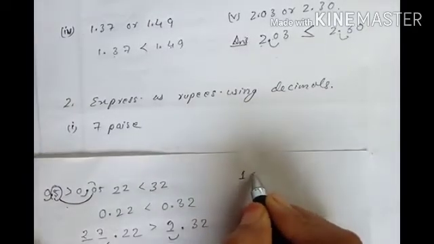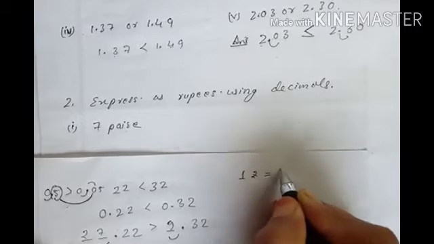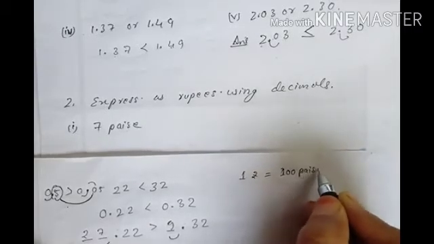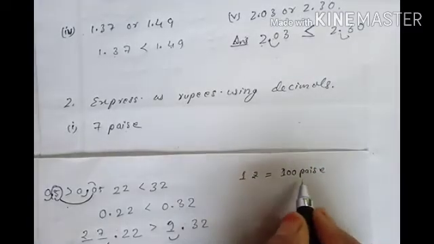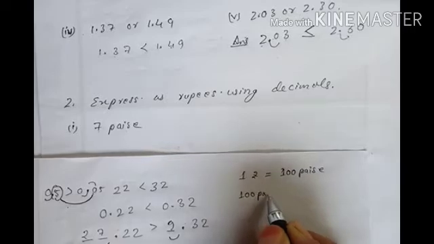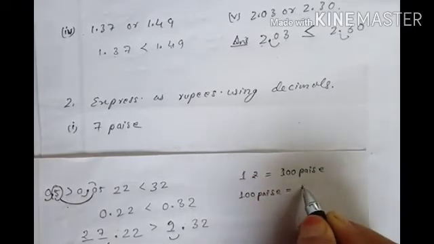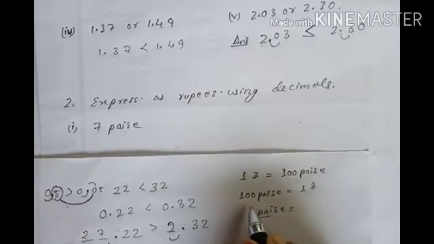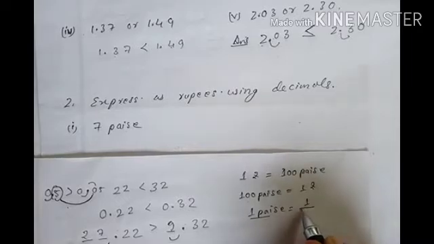1 rupee is equal to how many paisa? It is equal to 100 paisa, isn't it? 1 rupee is equal to 100 paisa. If you write it like this, 100 paisa is equal to 1 rupee. Now for 1 paisa, this 100, we know the general rule, isn't it?